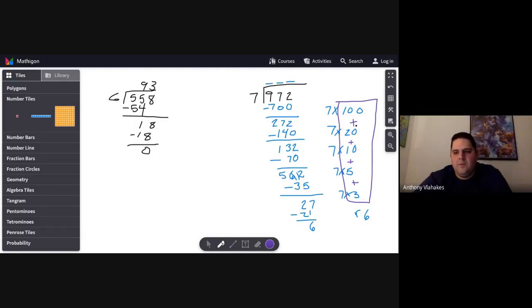So it would be 138, because 100 plus 20 is 120, plus 10 is 130, plus 5 would be 135, plus 3 would be 138. And my remainder is 6. So my answer would be 138 remainder 6. So that is using partial quotients.